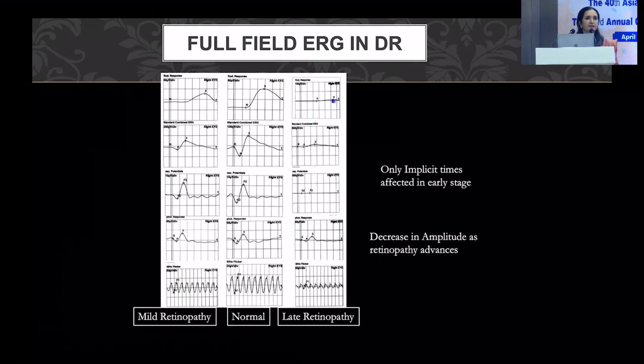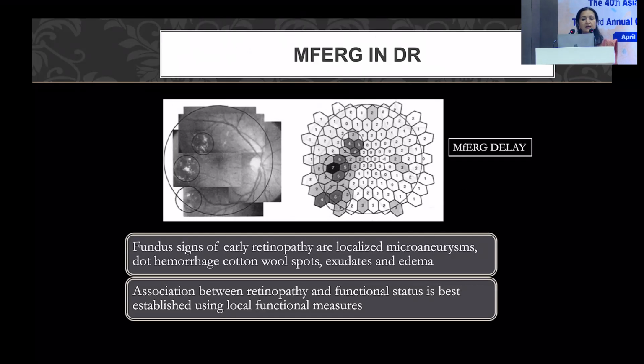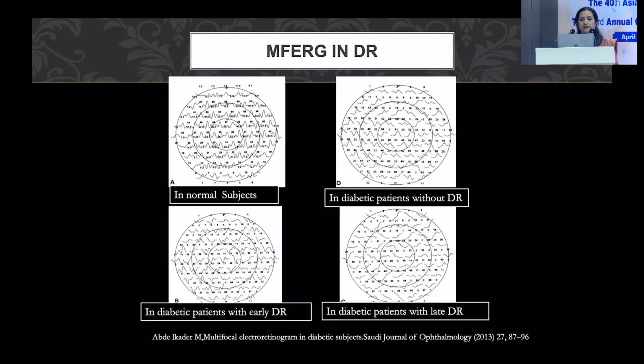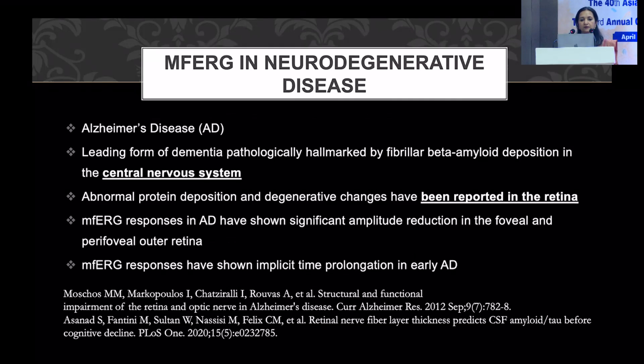Diabetic retinopathy, MFERG is again very much in the forefront now. Why? Because even in patients without an obvious diabetic retinopathy visible clinically, the MFERG is affected, and this corresponds to the areas of affection. Healthy areas may have normal MFERG, while unhealthy areas may have affection early on.